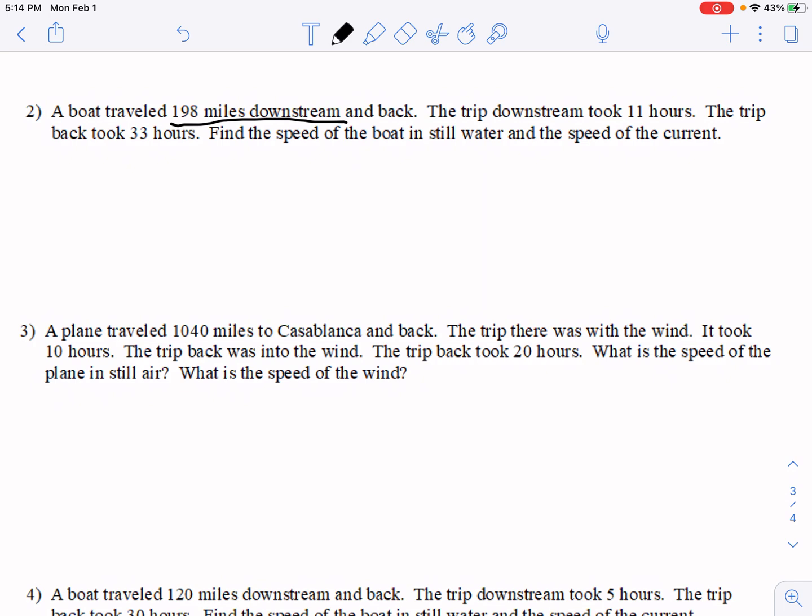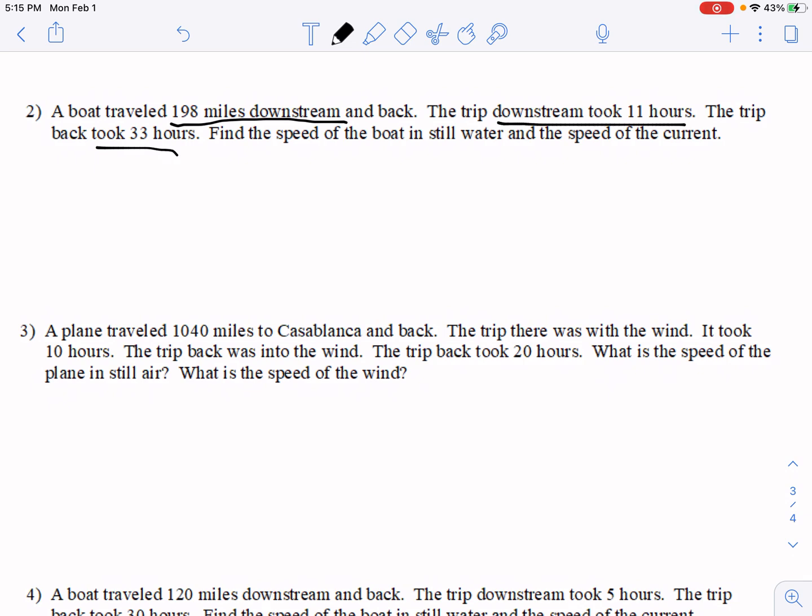So when you go downstream, the current helps you and you move faster. When you go upstream, you have to fight the current and you go slower, because the current is pushing against you, so it takes more time to go upstream. And that actually matches what they're talking about here, where it says the trip downstream took 11 hours, but the trip upstream going back took 33 hours.